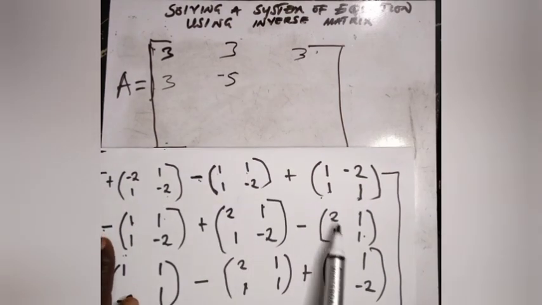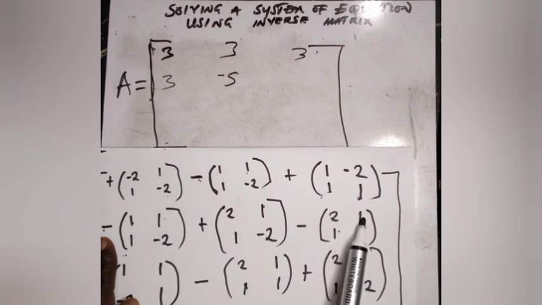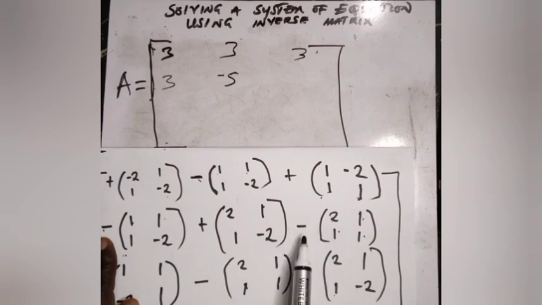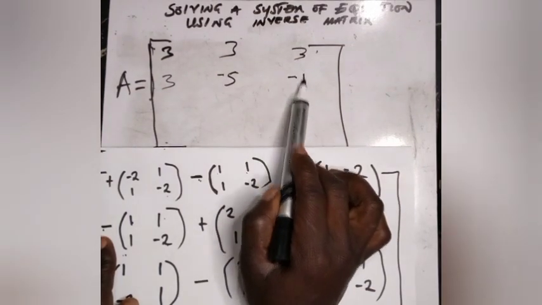Then here, 2 times 1, which is 2, minus 1, which is 1. Here there is negative, so negative times positive is negative. So here it is going to be -1.